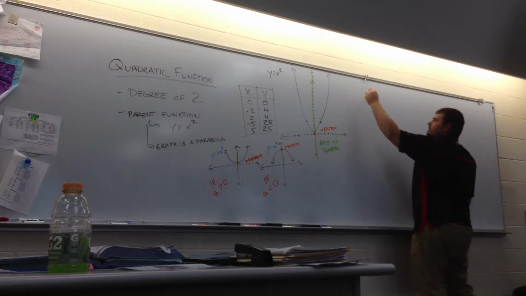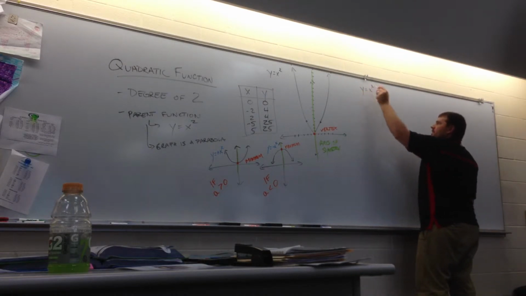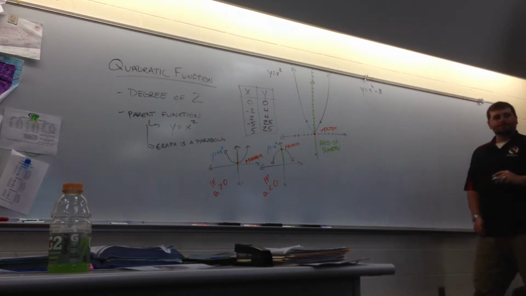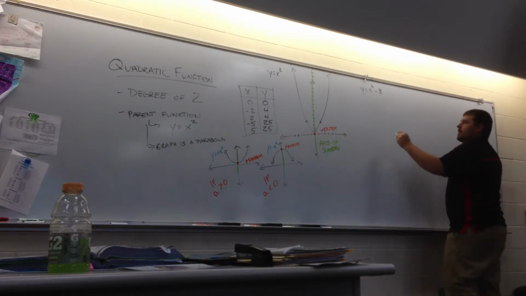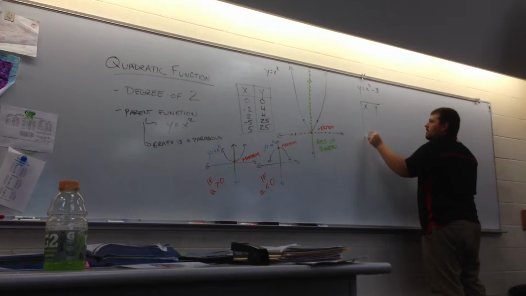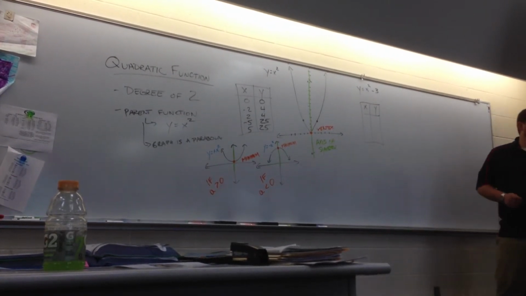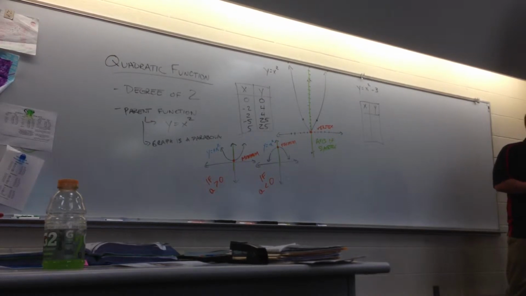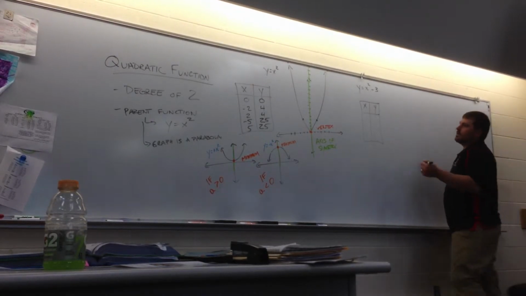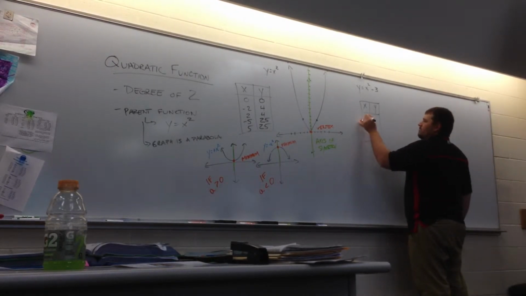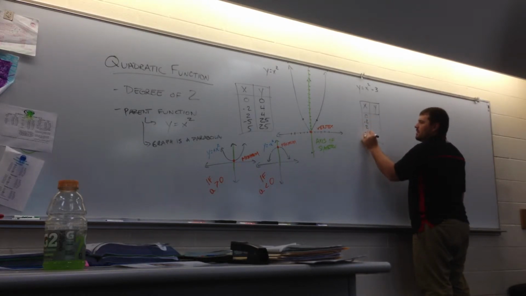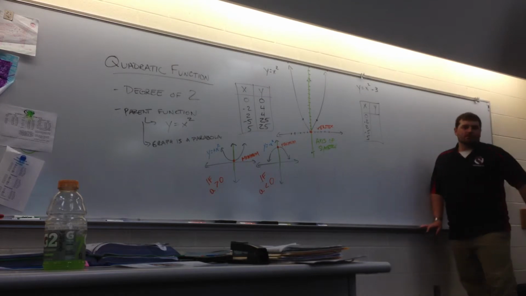If we come over here and say y equals x squared minus 3, and we want to graph it again, the way we graph it is pretty much the way we graph anything. We make a table, pick some values for x, plug them in and get our values for y. So let's use those same values: 0, negative 2, 2, negative 5, and 5.